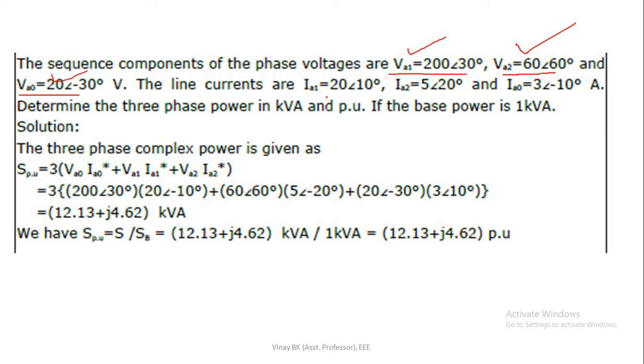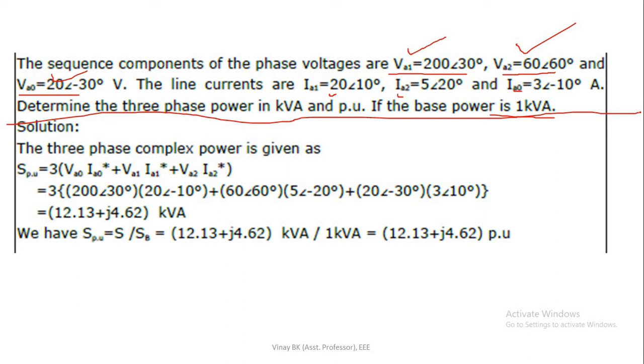Similarly, the line currents, positive sequence current, negative sequence current and zero sequence current are given. We are asked to calculate the three-phase power in kVA, which is nothing but apparent power, or complex power. Only the base value of 1 kVA is given.